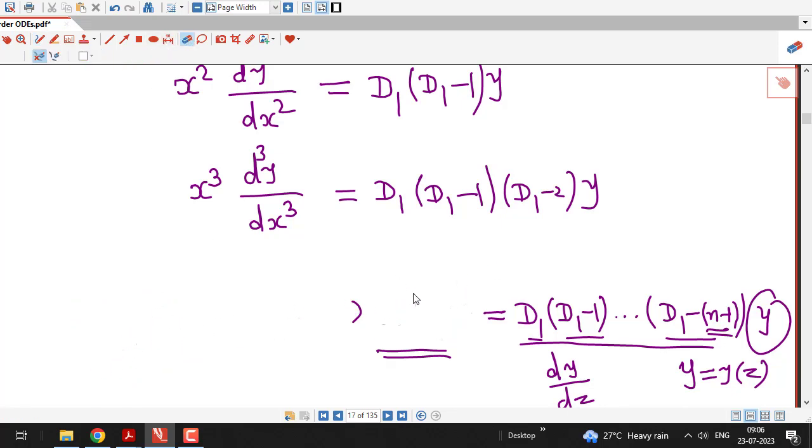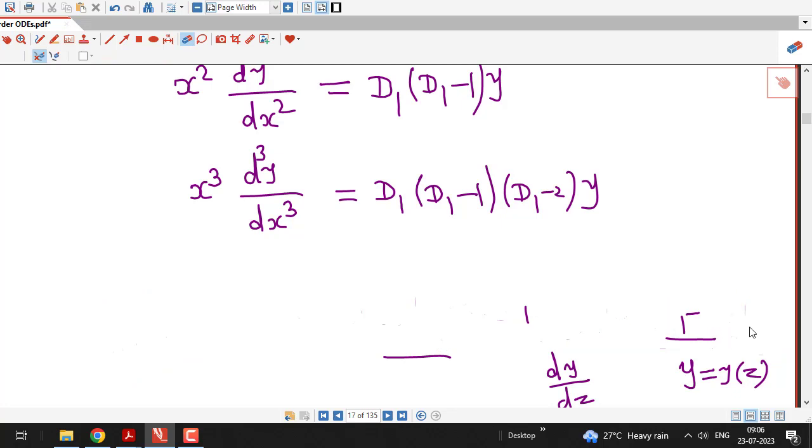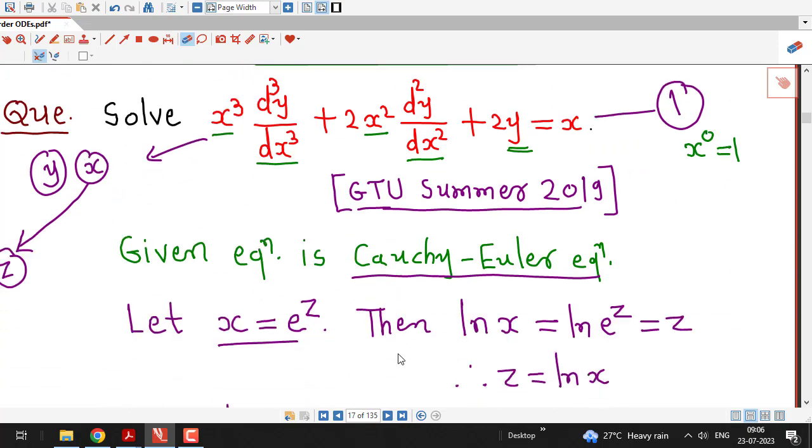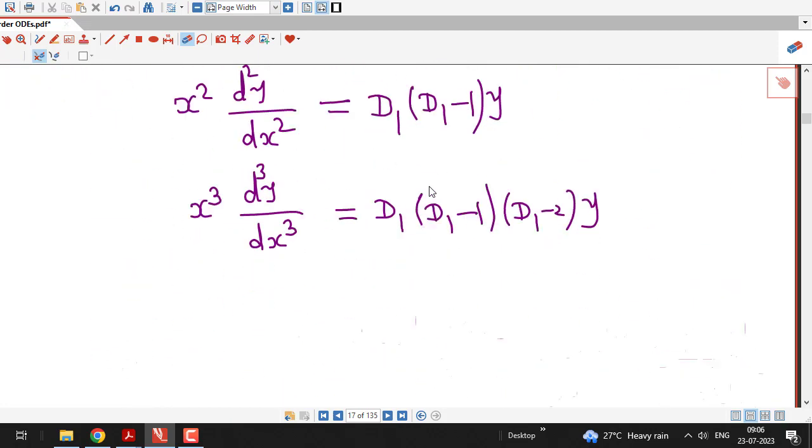Now once we have all these things converted in terms of y and z, we can substitute them into given equation, and we will see that given equation will be converted into differential equation in y and z, in which all the coefficients will be constants.